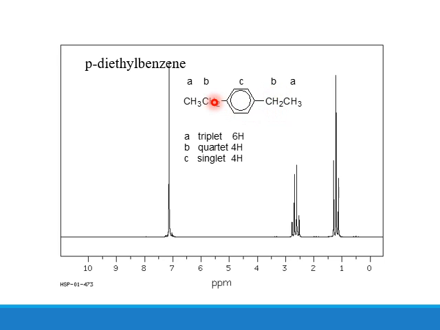And type B will be a quartet because they are neighbors to these three hydrogens. And we will have a singlet from this benzyl group. They are four hydrogens, 1, 2, 3, 4. They have no neighbor. That's why it will be a singlet, and you can see that the chemical shift is much higher in comparison to the two other types because it's sp2.